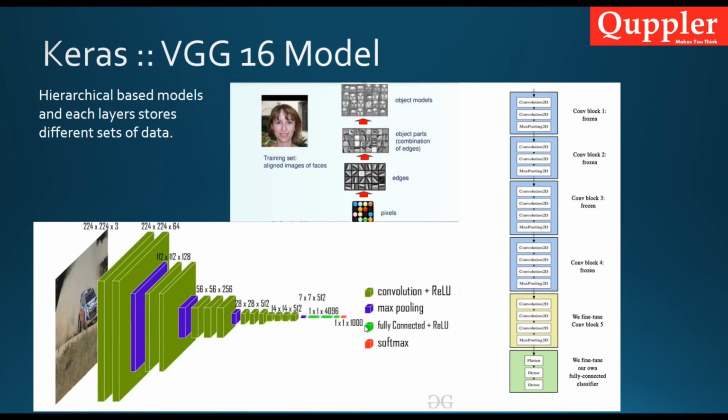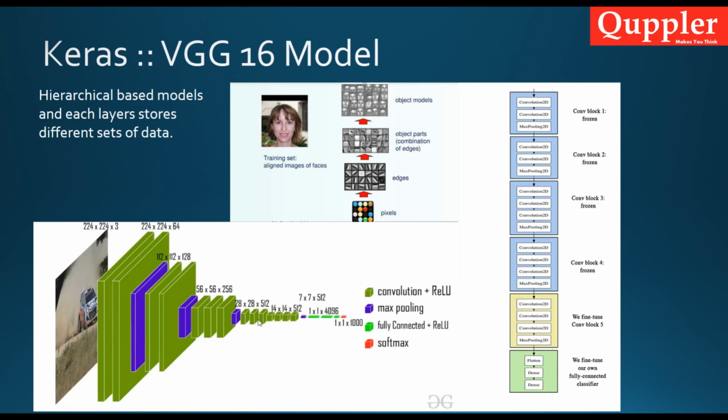What does this mean? It means that from the beginning of the image till the end, the channels are going to increase and the dimension is going to get reduced, until it gets completely flattened.